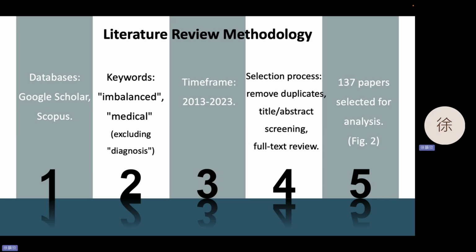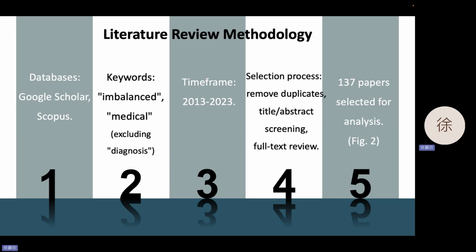To ensure that the found literature is relevant to the topic, we also excluded some common keywords such as diagnosis. And the search scope is limited to literature published between 2013 to 2023 in January 14.